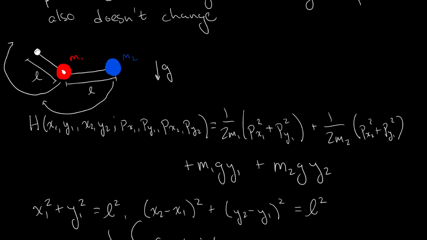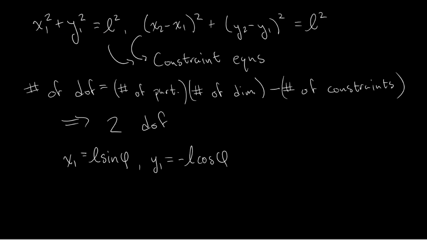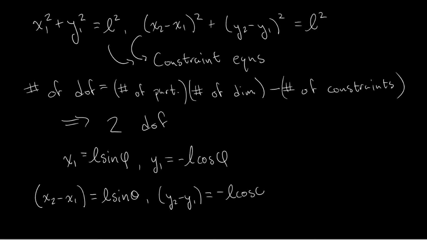I'll write down the second constraint equation too. x2 minus x1 is going to be L sine theta, and then y2 minus y1 is minus L cosine theta. And this just corresponds to this picture here, where I have, oh, this is ugly, but this guy is phi, and this guy is theta.